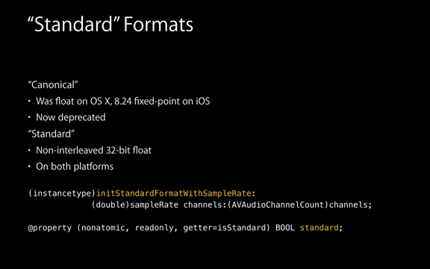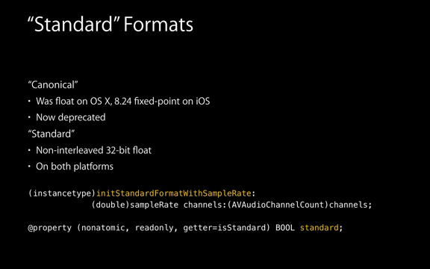So for a while, canonical was 8.24 fixed point. But because of that schism, we want to reunite under something new now. We've deprecated the concept of canonical formats, and now we have what we call a standard format. We're back to non-interleaved 32-bit floats on both platforms.